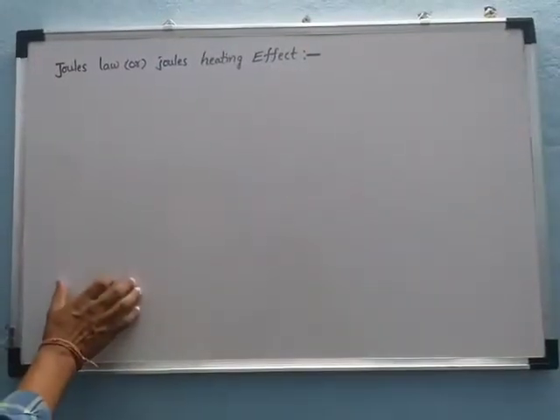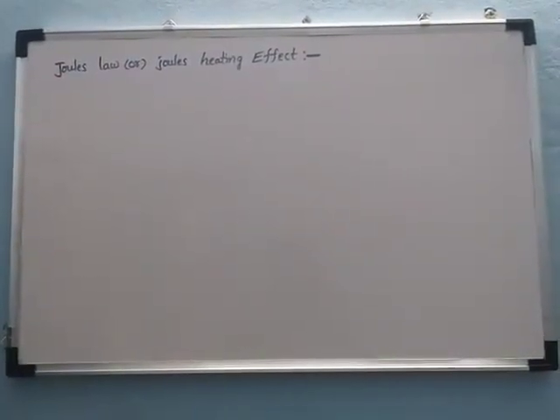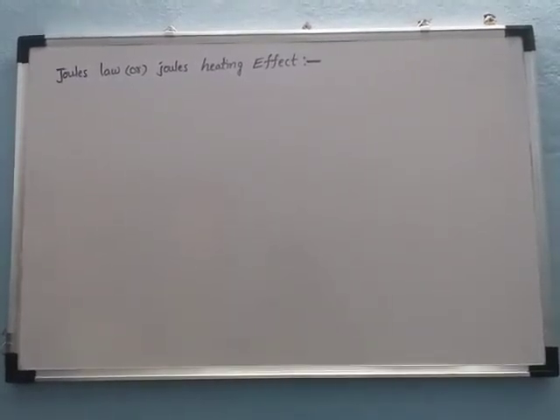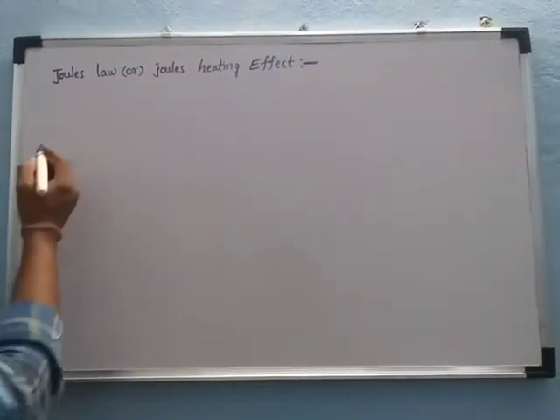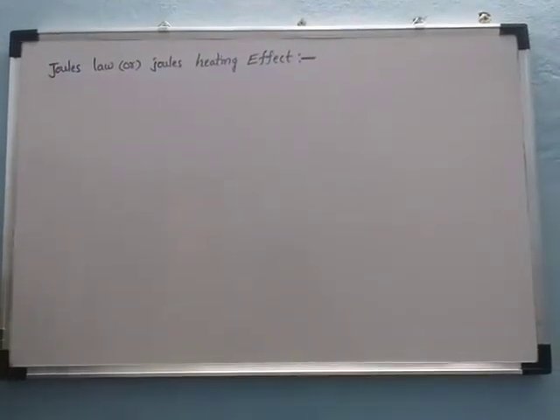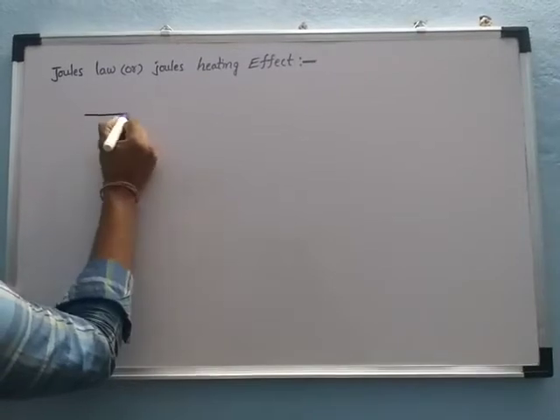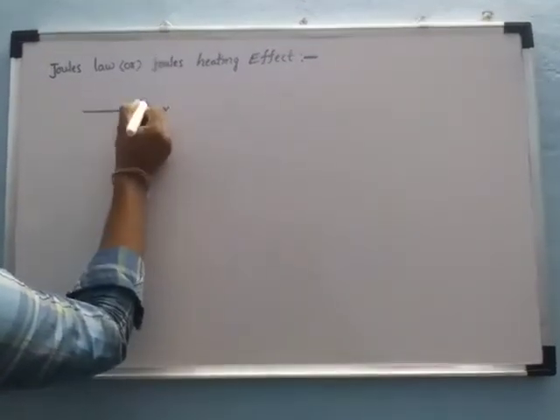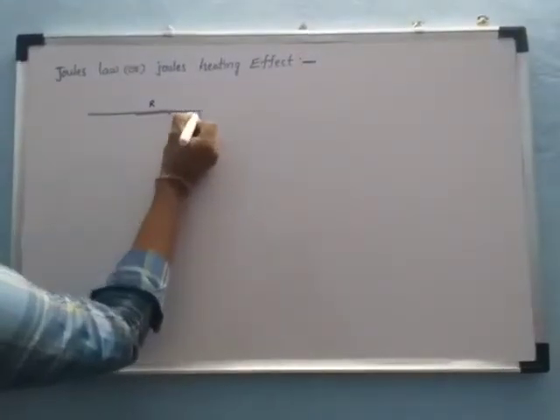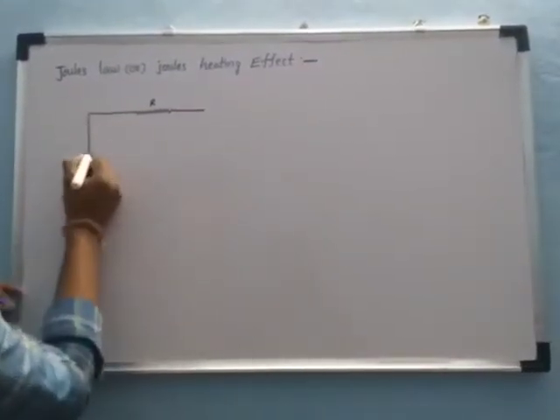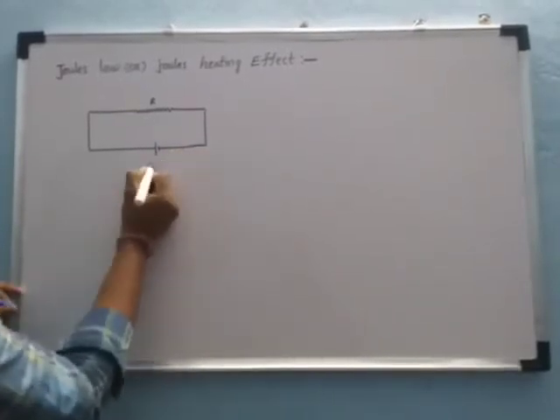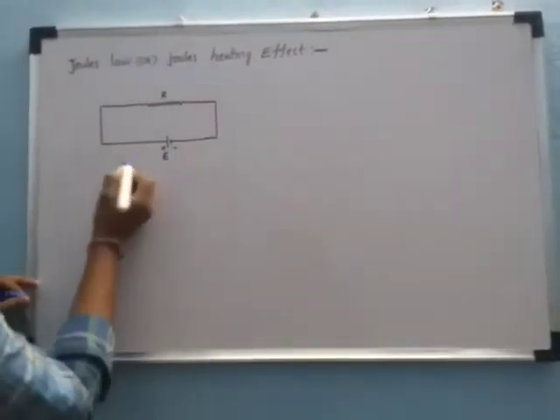So next we're discussing the topic of Joule's law, or Joule's heating effect. Here we are considering a resistance, denoted by R, connected through a battery of EMF E, with positive and negative terminals.